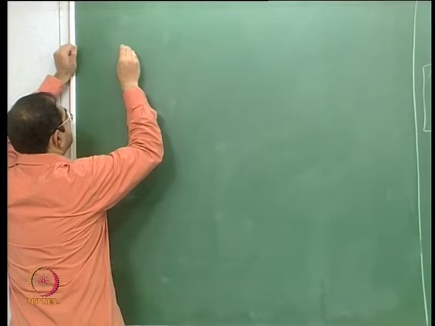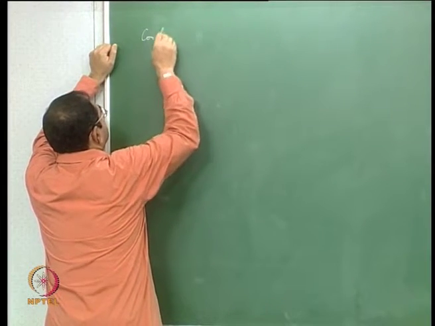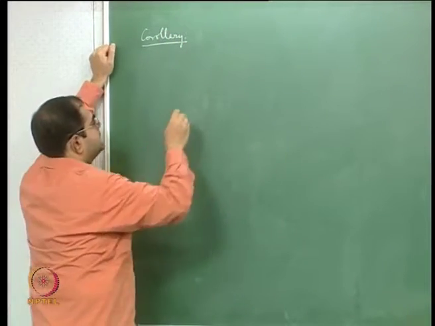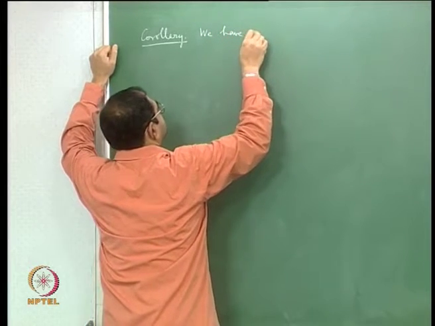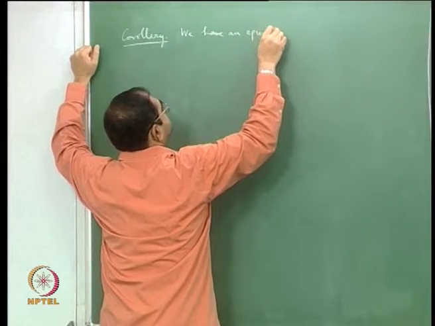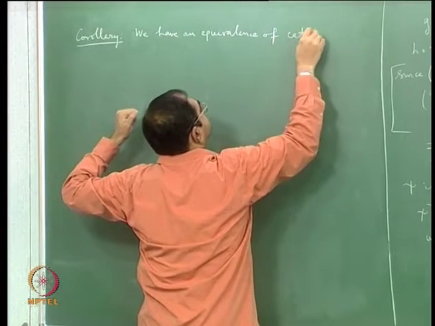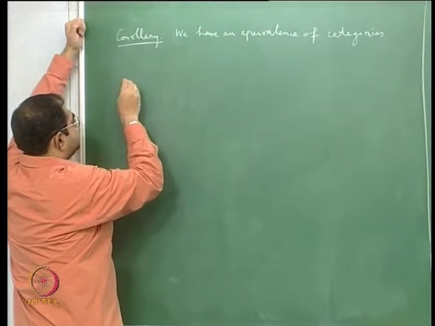So you have a corollary: we have an equivalence of categories. Here is the equivalence of categories.